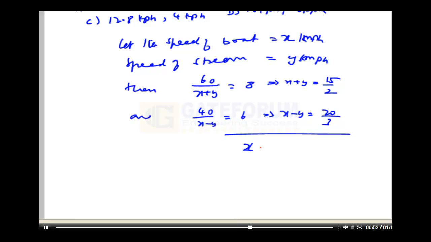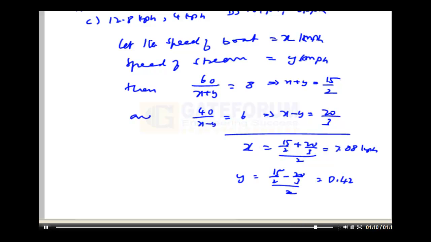Adding and dividing by 2, x will be 15 by 2 plus 20 by 3 by 2, which will be 7.08. Y will be 15 by 2 minus 20 by 3 by 2, 0.42 kilometers per hour.